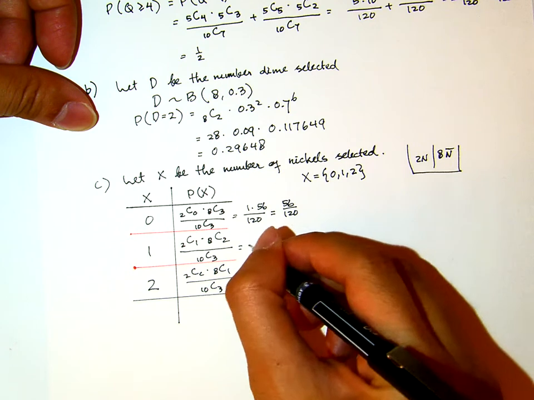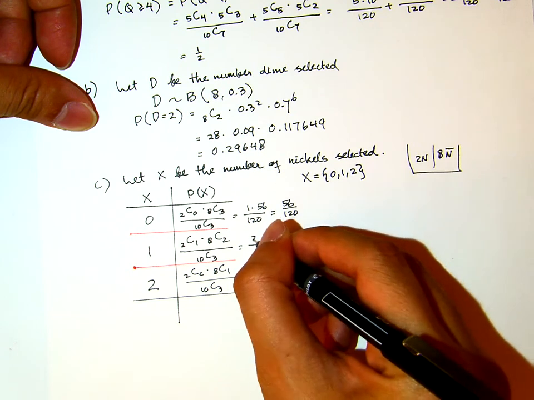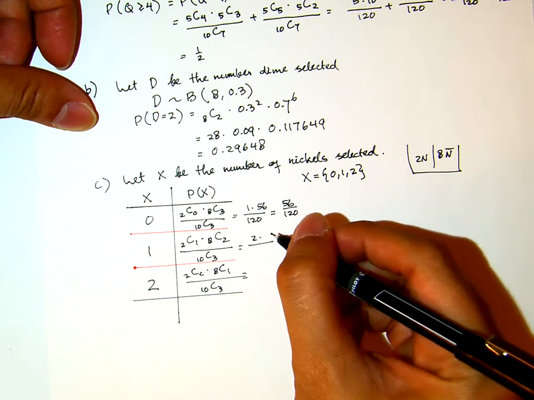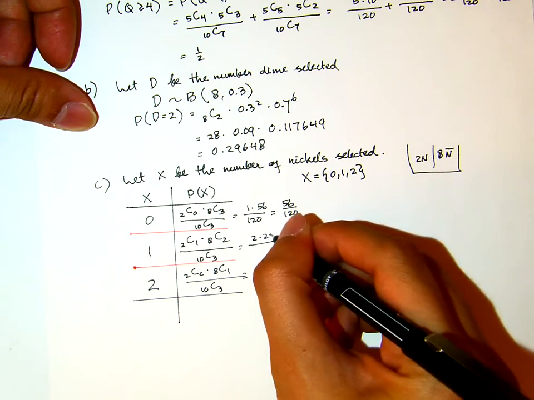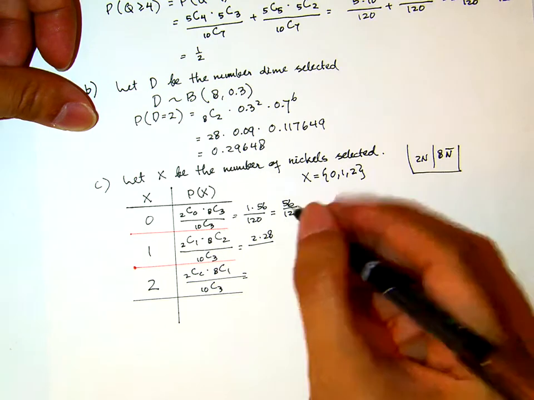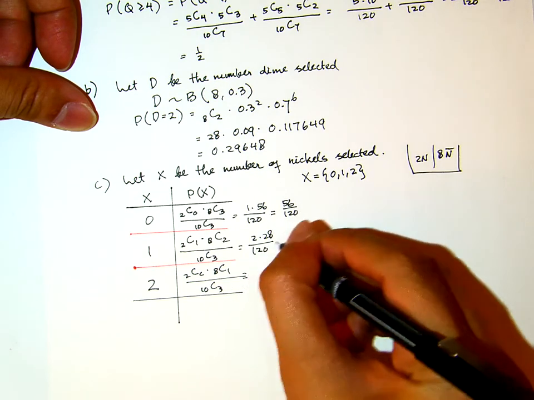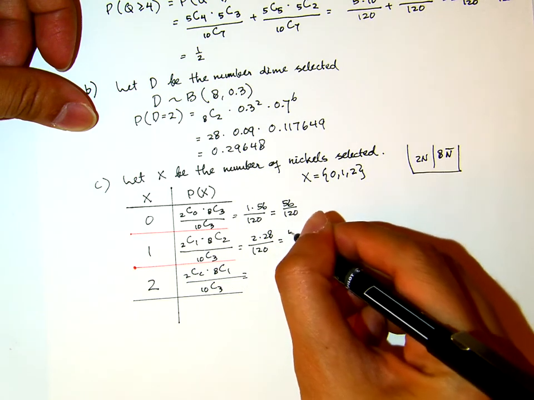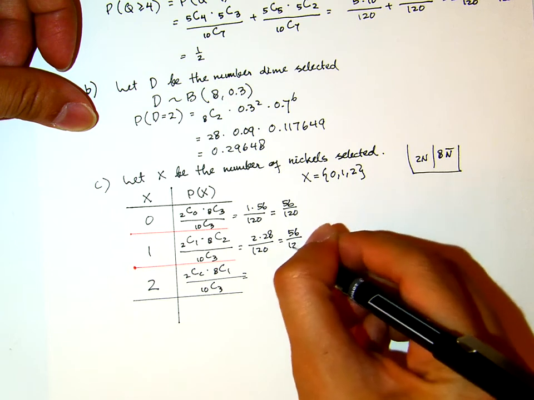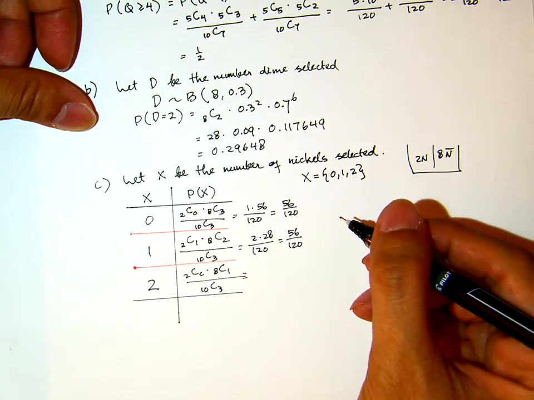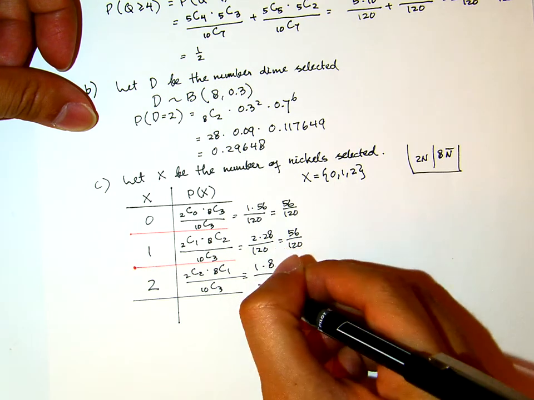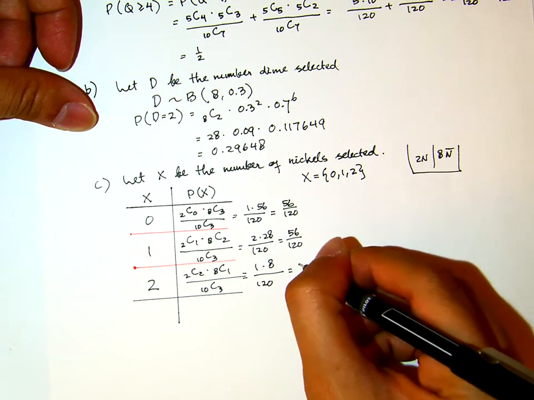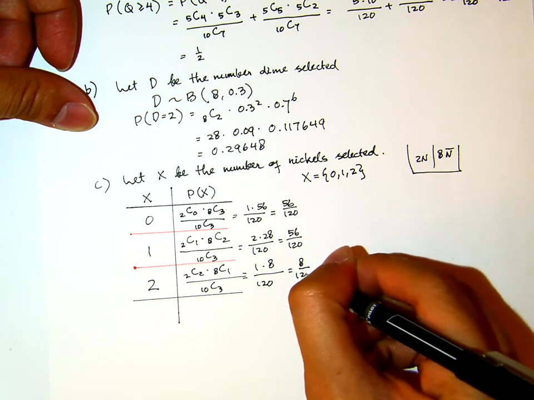Now this one here, 2 choose 1 is 2 ways. 8 choose 2 is 28, I believe, over 120 again. This will be, again, 56 over 120. And this one is 1 times 8 over 120, which equals 8 over 120.